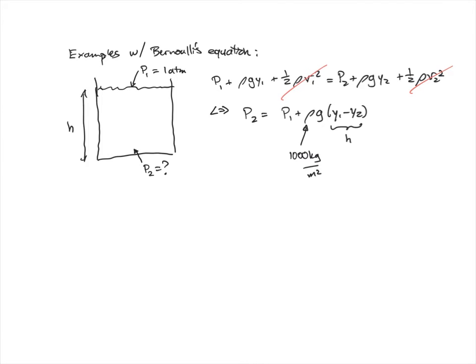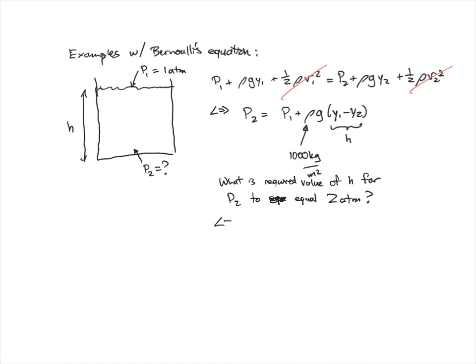And so this is kind of interesting. It's showing you that the pressure at the bottom of the tank is just scaling linearly with the height of the tank. And so one thing that we might ask is, what is the required value of h for P2 to equal 2 atmospheres?